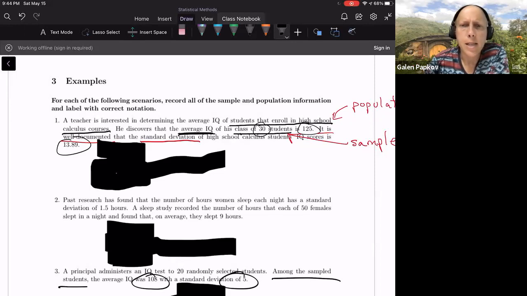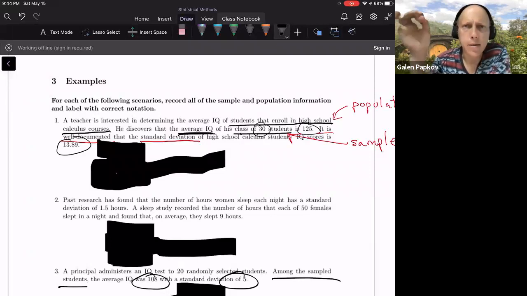And so in this case, that 30 is the sample size. That's how much data we have for the sample. And the average of that sample is 125, and that's given in the same sentence. So that's going to be X bar because that average came from the small group, not the big group, the population. The next line says that it is well documented.